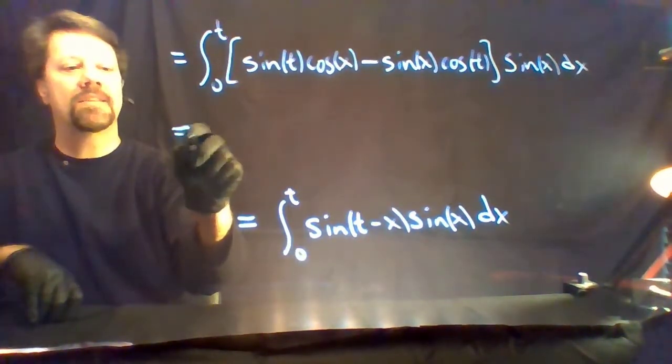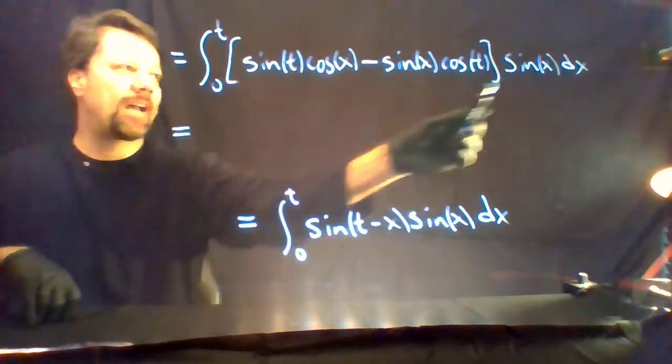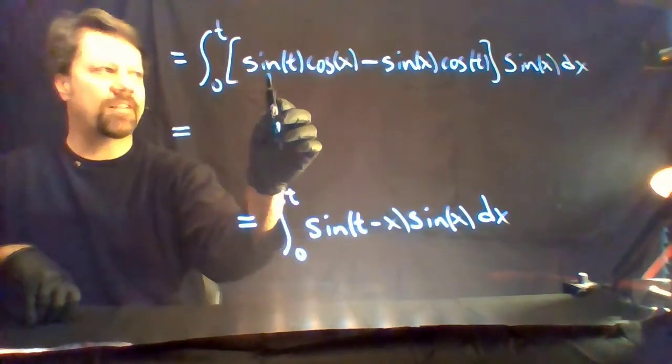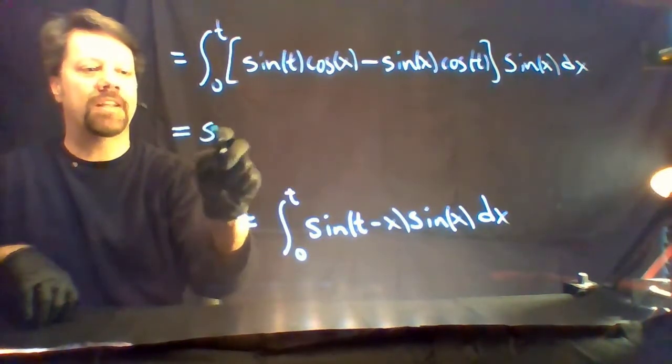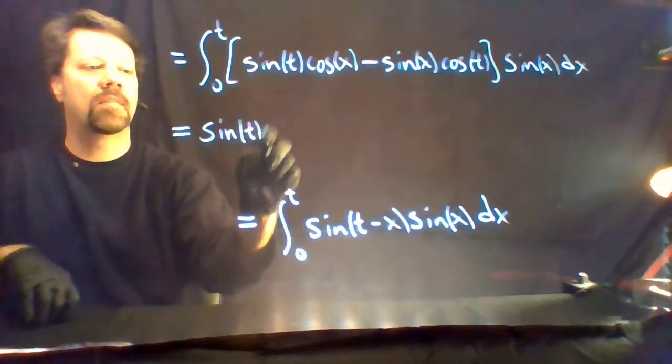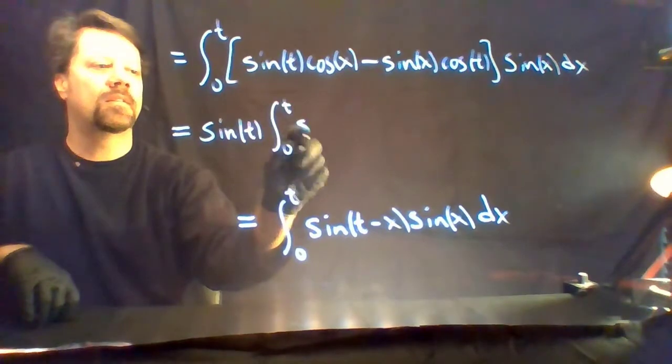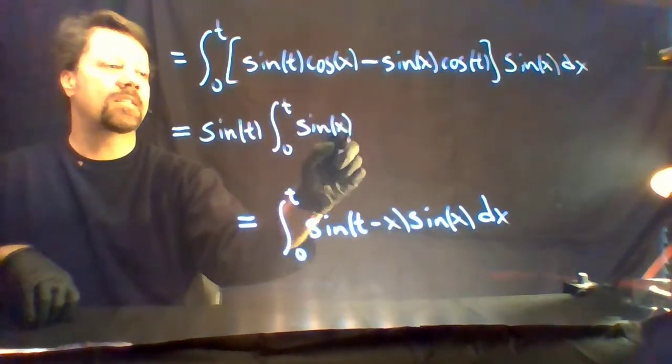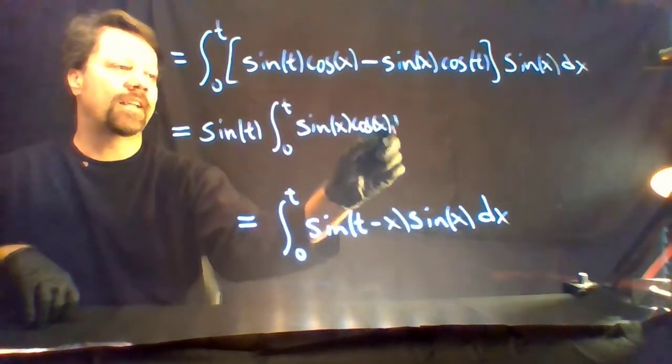We can break this into a couple integrals. On the first term, after we distribute the sine x, the sine of t doesn't depend upon x, so it can be moved out of the integral. We'll have here sine of x cosine of x dx.